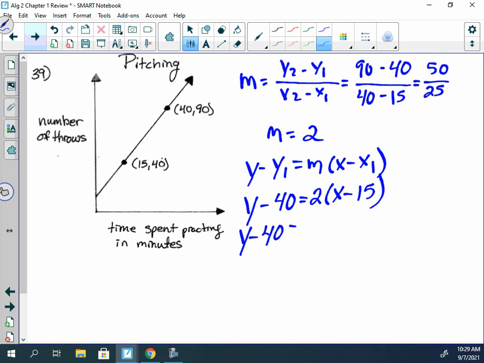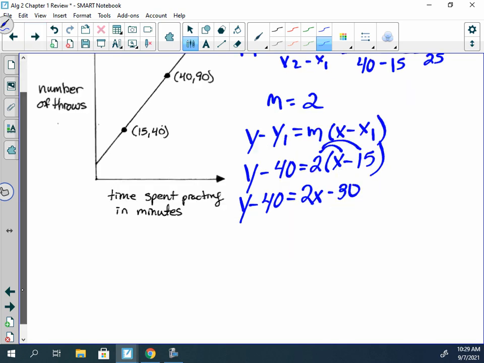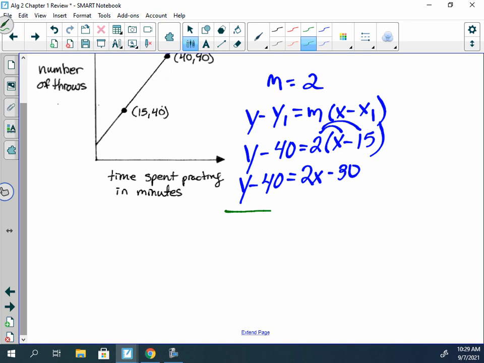Now we'll get it to y equals mx plus b. So I'll multiply both sides by 2, so 2x minus 30. And last but not least, we would add 40 to both sides, which tells us y is equal to 2x plus 10.